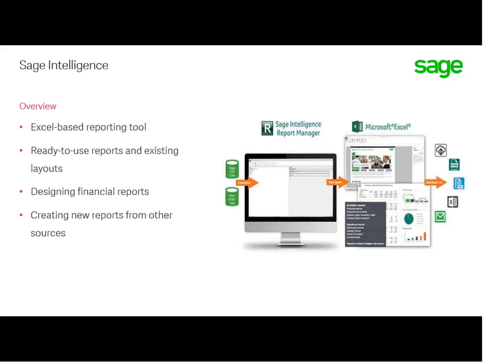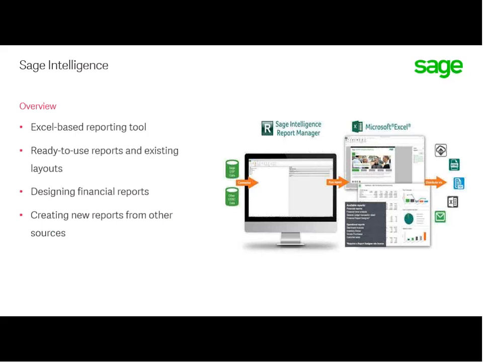Now, you can also create new reports from other sources. Let's talk a little bit about that. What does that mean? Other sources means a couple of things. Number one, if, when you run Report Manager, you think of additional fields or even additional reports you want to create from other modules within Sage 100, you can do that.